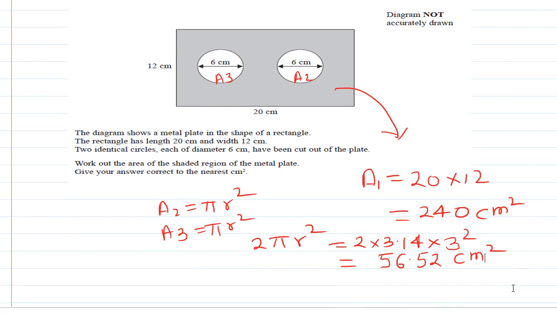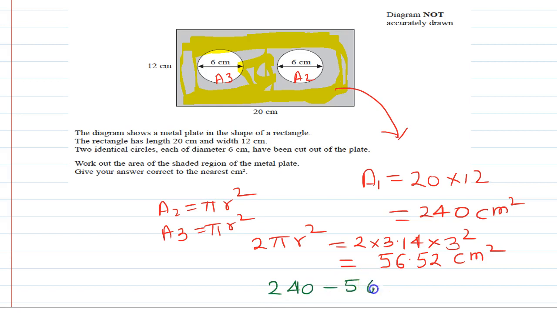Now what is our required area? So the required area is this yellow area. Okay, so this we need to calculate. So we need to take away the circles. So let's do it.